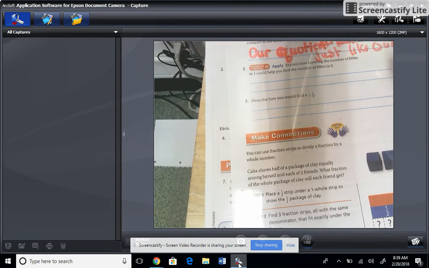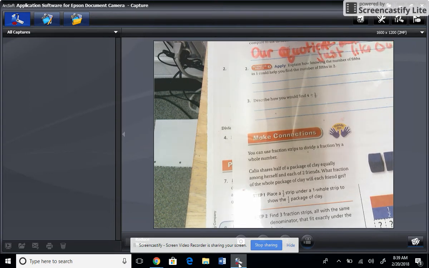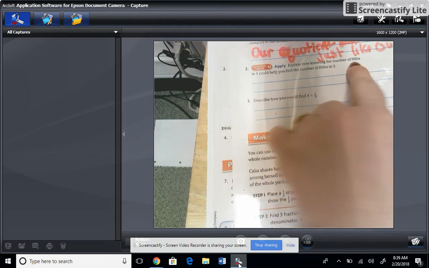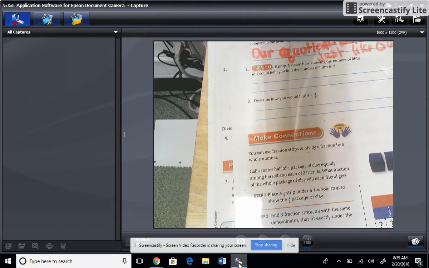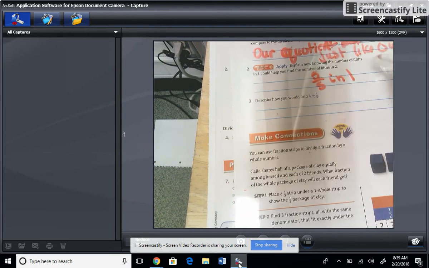Explain how knowing the number of fifths in 1 could help you to figure that out. Well, if I know there are 5/5 in 1, then I just have to double that to 10/5 in 2. Describe how you would find 4 divided by 1/5.